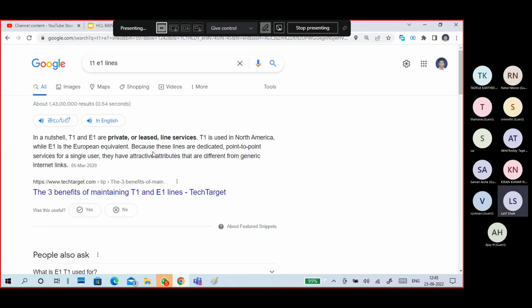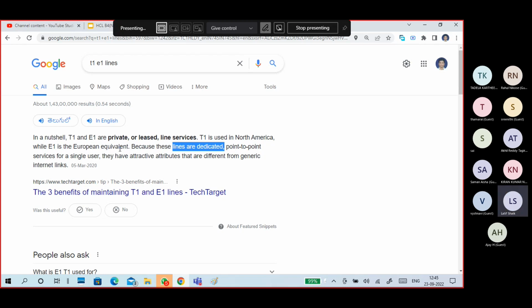It is a dedicated service because the lines are dedicated point-to-point service for a single user, unlike generic internet links. So what are these leased lines? It is a dedicated line between two or more organizations or two or more places.